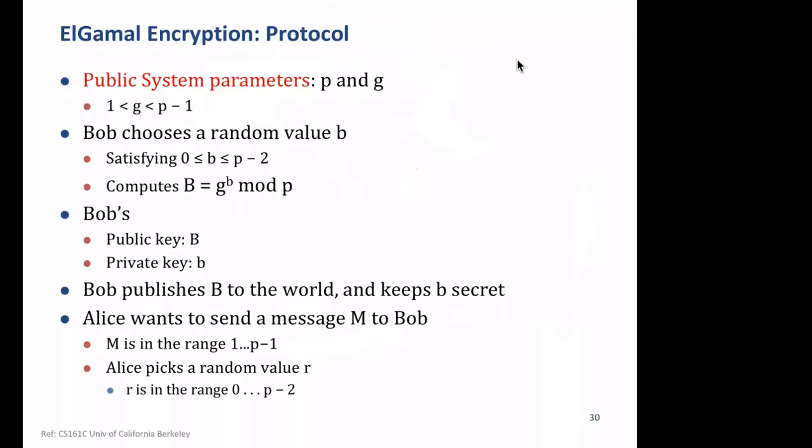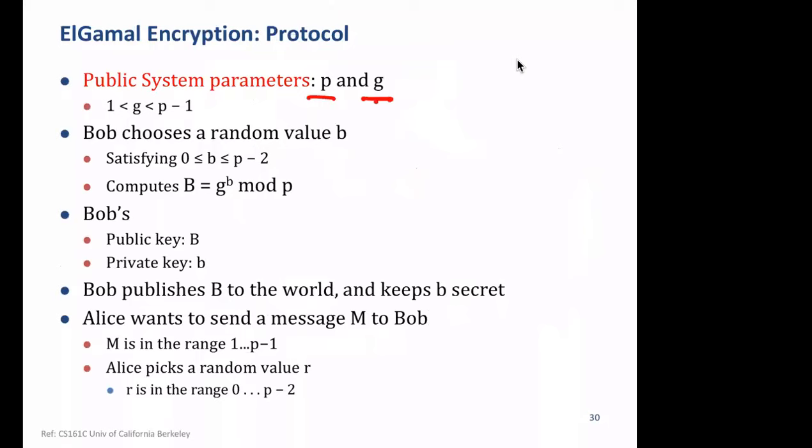All right, so it works as follows. You'll see similarity between Diffie-Hellman and ElGamal. So take public parameters P and G, where P is a very large prime and G is a generator.